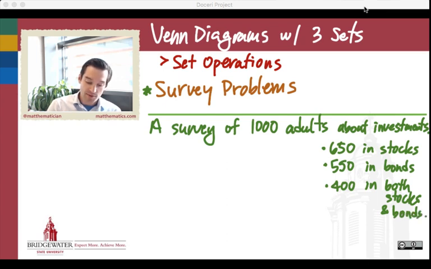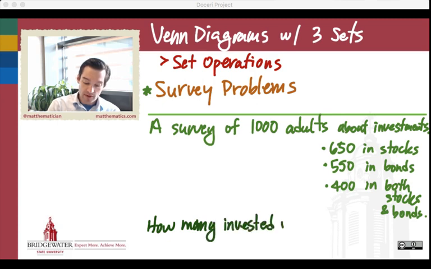And so we get some information in this survey about people's investments and so forth. The kinds of questions that we might ask, based on what we have in this survey, are things like, given this information, I'd like to know something like, how many are invested in only stocks?